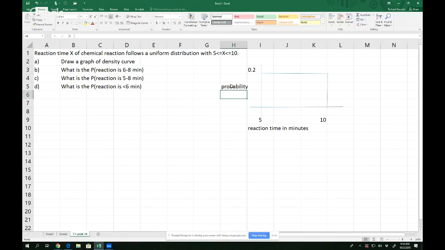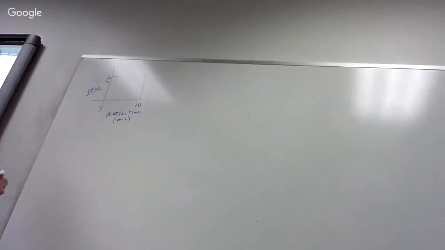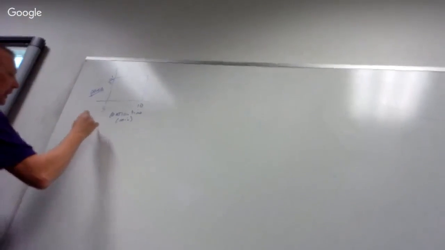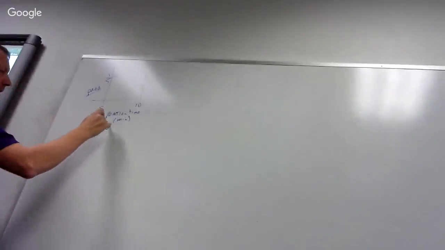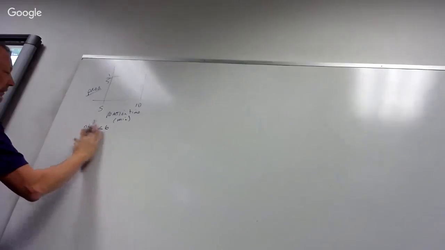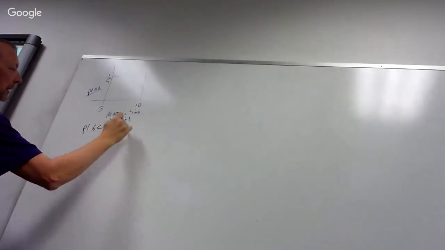What's the probability the reaction is 6 to 8 minutes? How would you figure that out? That might be easier to do on the board. Probability that X is between 6 and 8 minutes.